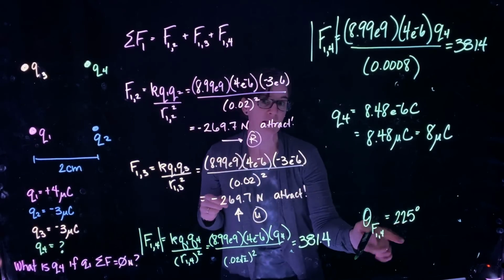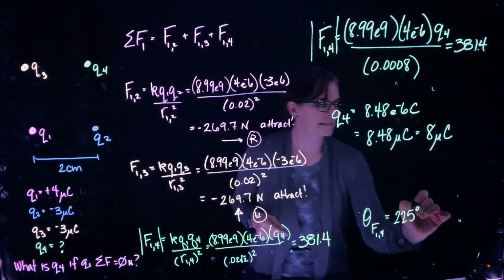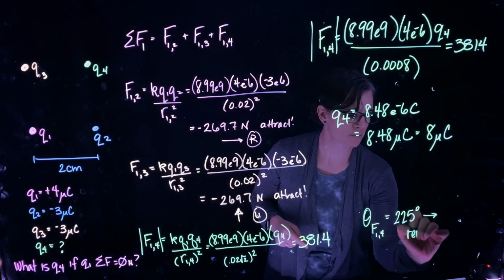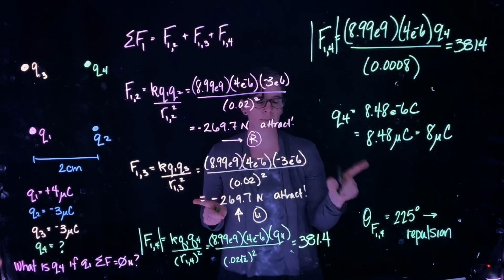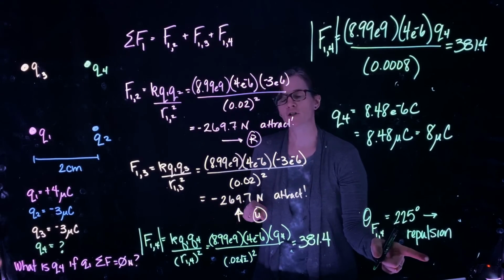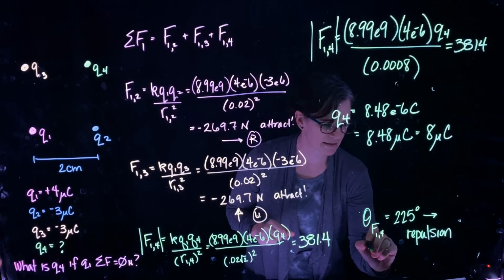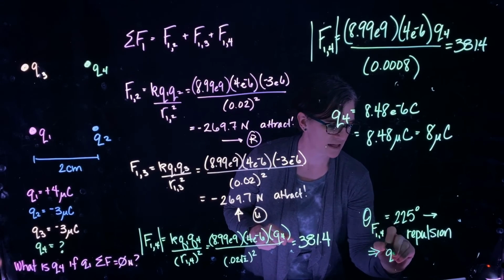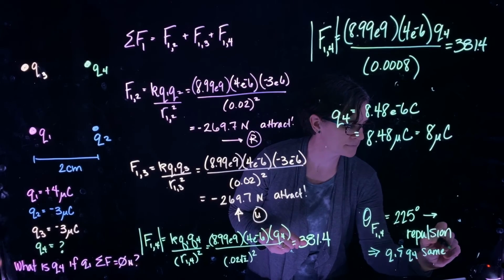So this angle of force on 1 by 4 tells us that this is a repulsion. But remember, I have to look at my picture. If it's a repulsion, that tells me Q4 and Q1 are of the same sign. So this implies that Q1 and Q4 are the same sign.